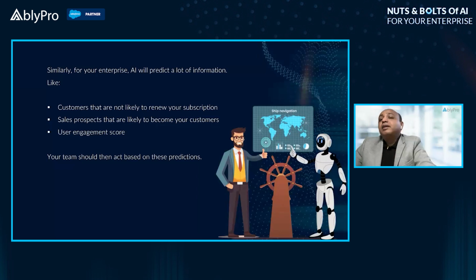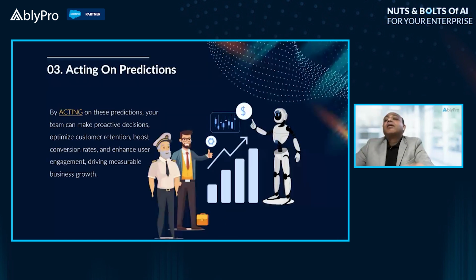But it's just going to give you predictions. It's going to foresee things and tell you these are the risks, these are some of the things you should do. But it is you who has to act on those predictions. So if an AI is telling you that these are the customers who are not going to renew your subscription, it's going to give you a list of that, but it's up to you to take action on that.